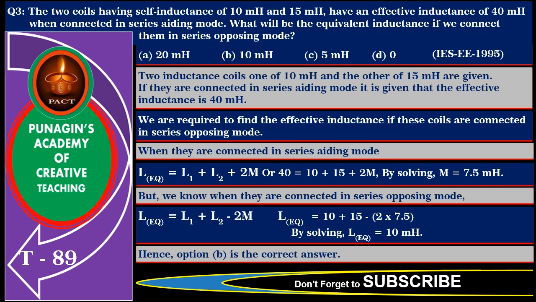But we know when they are connected in series opposing mode, L equivalent is equal to L1 plus L2 minus 2M. By substituting the values and solving, we get L equivalent is equal to 10 millihenries. Hence, option B is the correct answer.